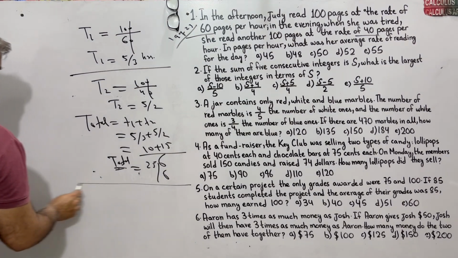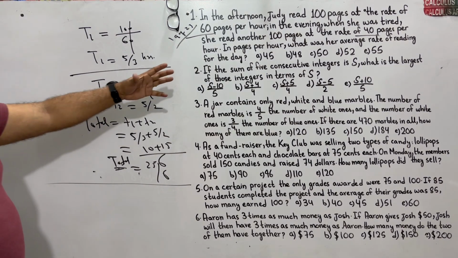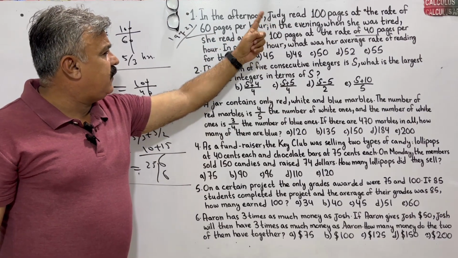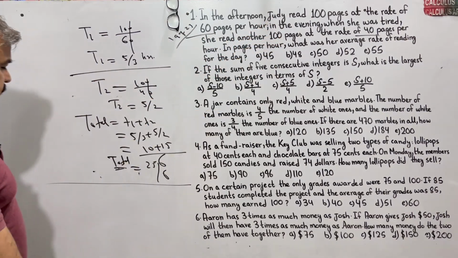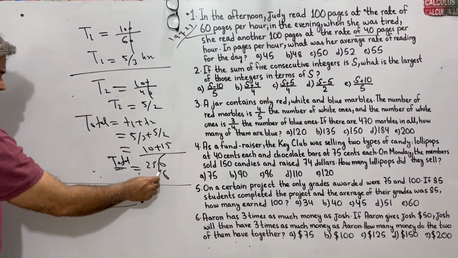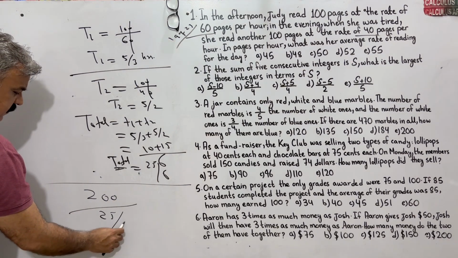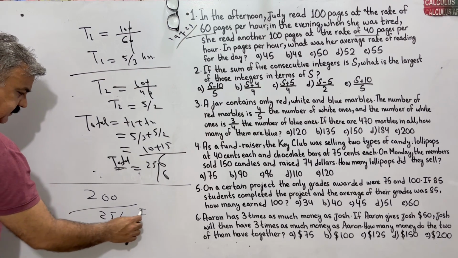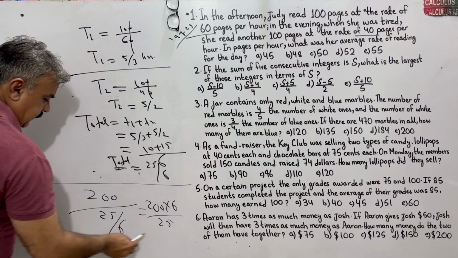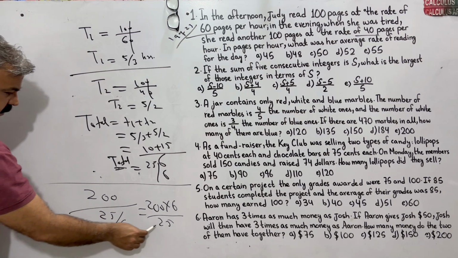And total work: she has to complete 100 pages in the afternoon and 100 pages in the evening, so the total work is 200 divided by 25 over 6. It becomes 200 times 6 over 25.